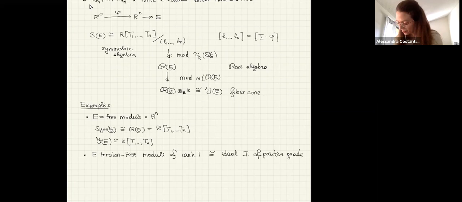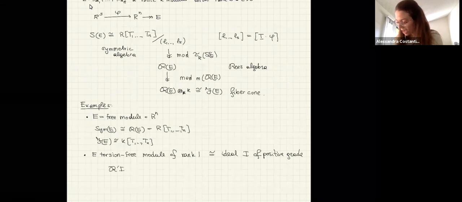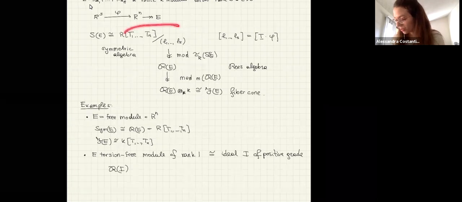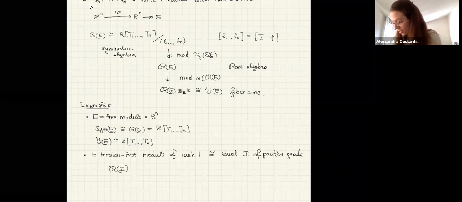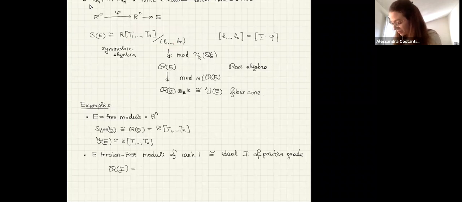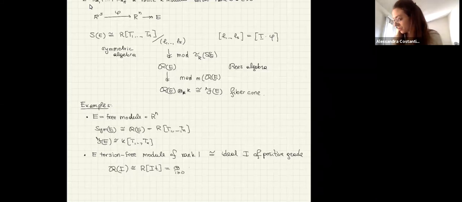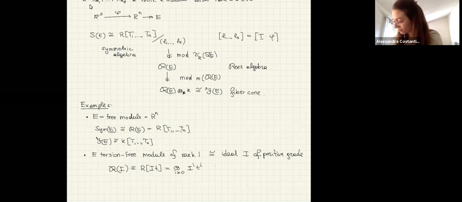And in this case, the Rees algebra of I, so still you can do all of this construction as a quotient of the symmetric algebra modulo torsion, but now this becomes an object that is possibly more familiar, the subalgebra R[It] defined as the sum over i greater or equal than 0 of I^i t^i, of the polynomial ring R[t].